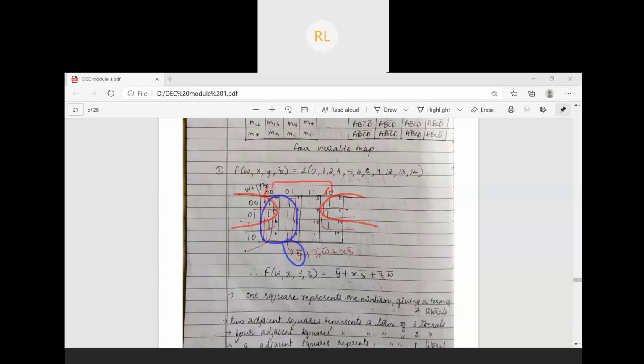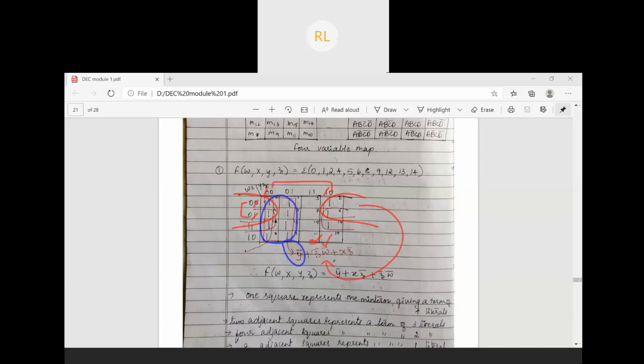So this z bar I have received. Now here also I have to see what is going to remain. So 0, 1 goes off, and low W, which is W bar, right? So for this group, I have taken it here.